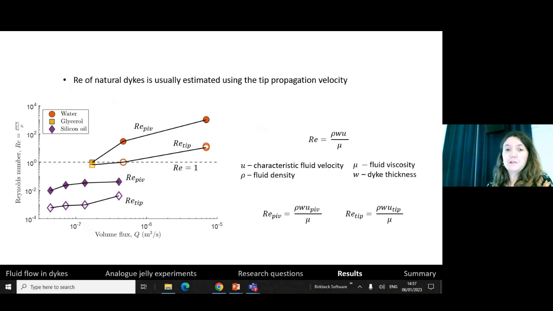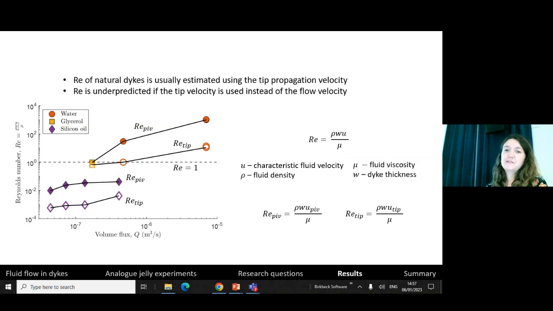So I've plotted a PIV Reynolds number, using the velocity from our internal measurements, and a tip Reynolds number, using the tip velocity. Firstly, if you use the tip velocity, you always underestimate the Reynolds number, because the fluid is always flowing significantly faster than the tip. That's why it recirculates: the fluid is going faster than the dike, so it has nowhere else to go but laterally.